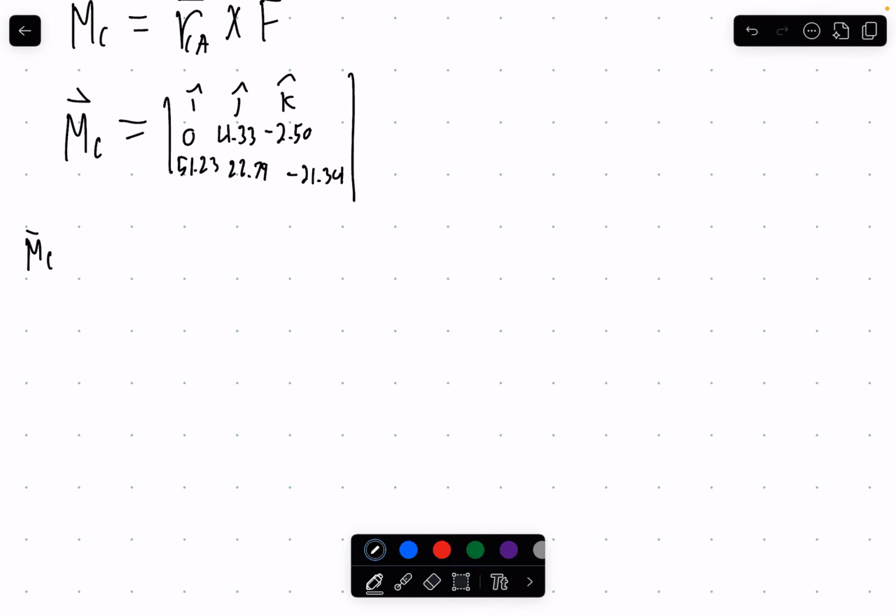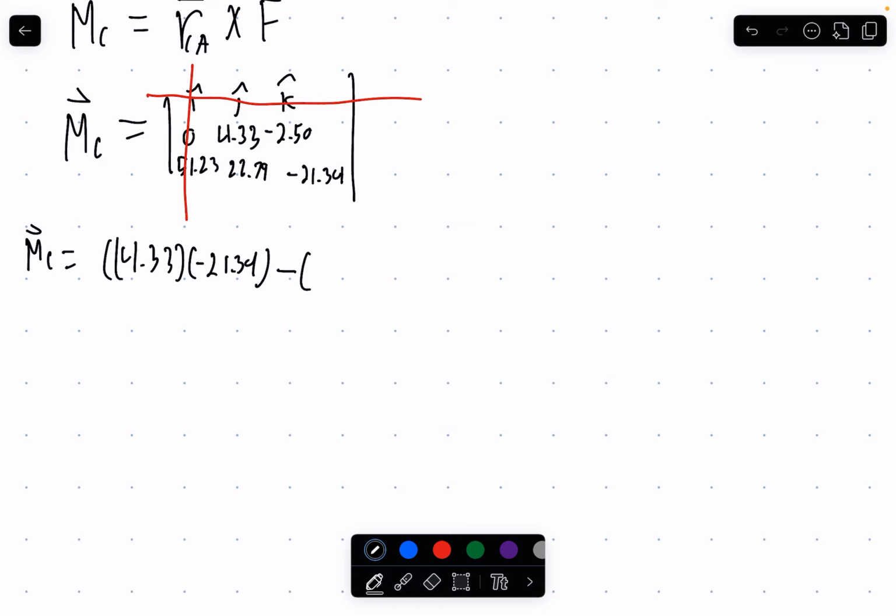So the moment about C is going to be equal to, for the i hat component, we can cross out the row and column it is in, and we can simply multiply these two numbers, 4.33 and negative 21.34.